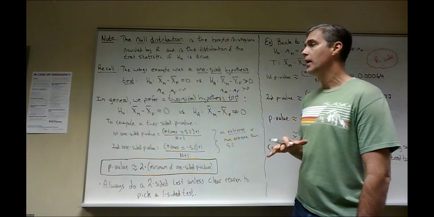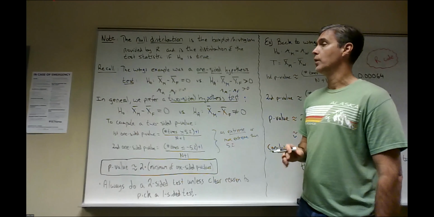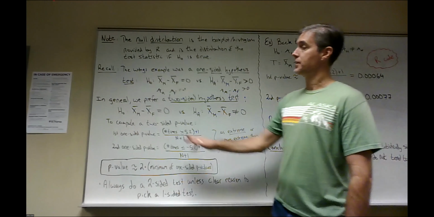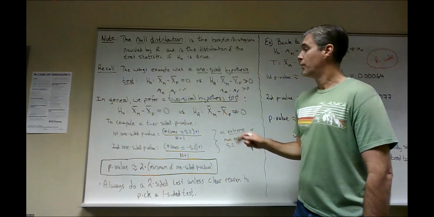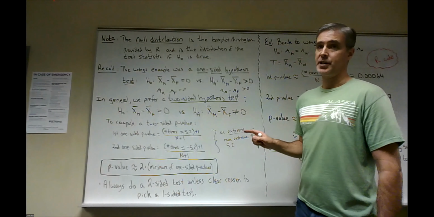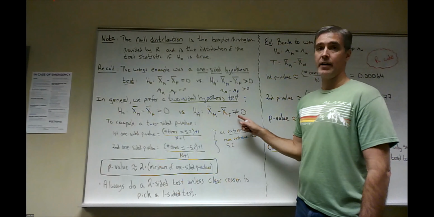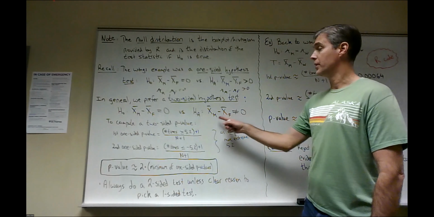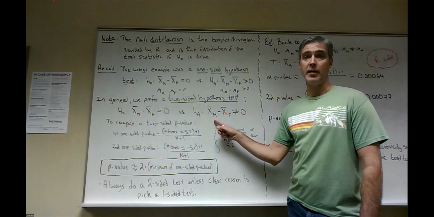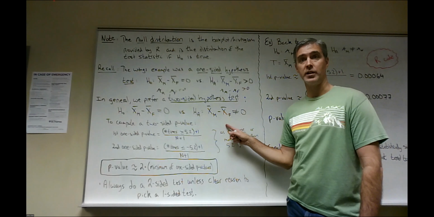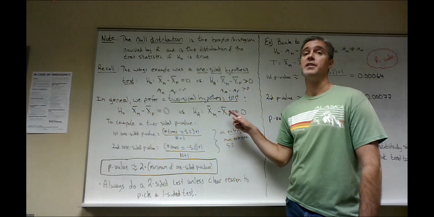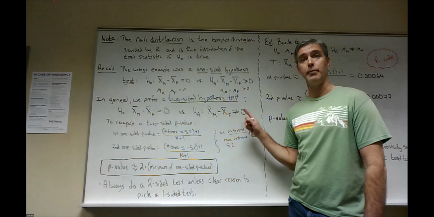Okay. In general, we prefer a two-sided hypothesis test, right? Same null hypothesis, but the alternate hypothesis doesn't specify greater than or less than 0. It just says not equal to 0, right? So this allows for the number of wings eaten by the men to be larger than the number of wings eaten by the women, or the number of wings eaten by the men to be less than the number of wings eaten by the women.